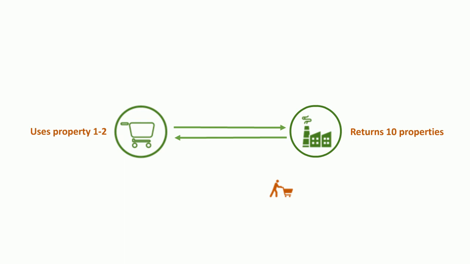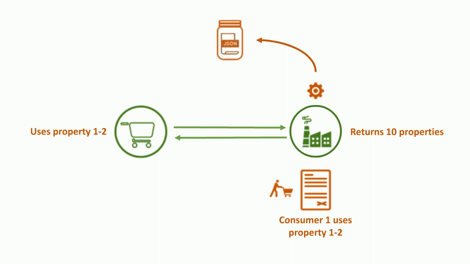So the consumer walks towards the producer in terms of just cloning the repository, and it will write a contract. It will write a contract saying that consumer 1 uses property 1 and 2. Don't change property 1 and 2, producer, otherwise you will break me. What then happens is that a Spring Cloud Contract verifier module will build a jar out of this contract, and put it in Nexus or whatever repository manager you're using.